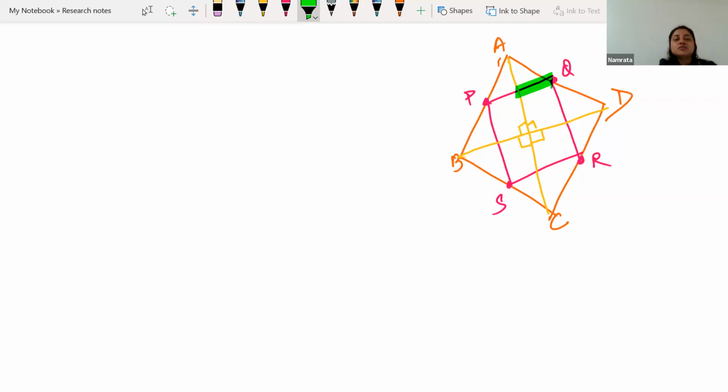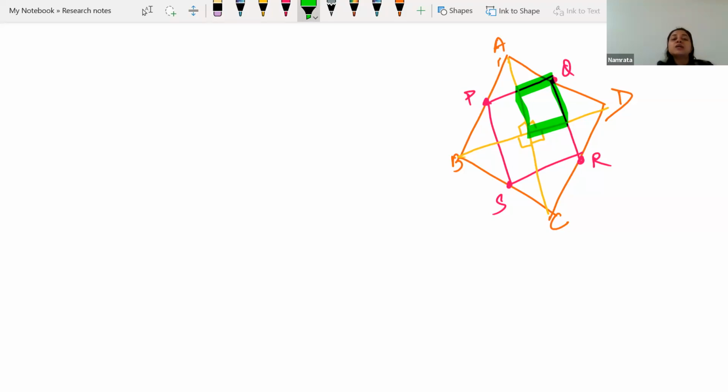So we are taking this one, and we are able to say that this is also a parallelogram. For that, we don't have to apply any extra effort. Already PQ and BD were parallel, so a part of PQ and a part of BD must be parallel. Already QR and AC were parallel, so a part of QR and a part of AC must be parallel.